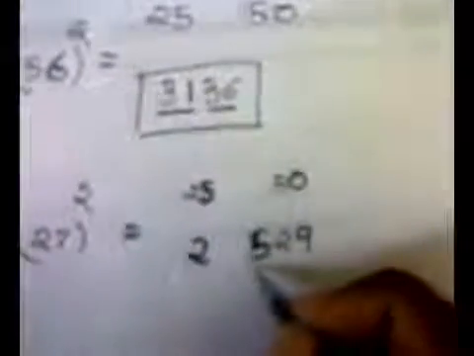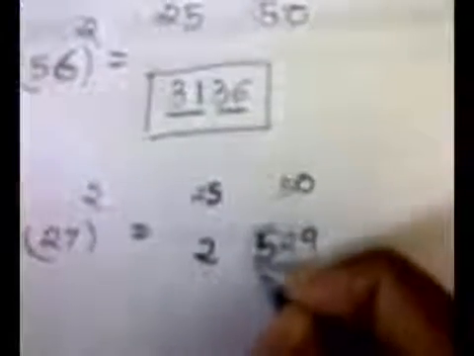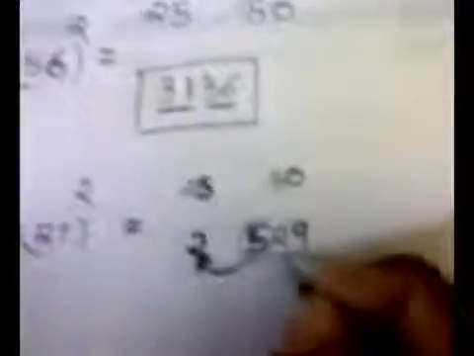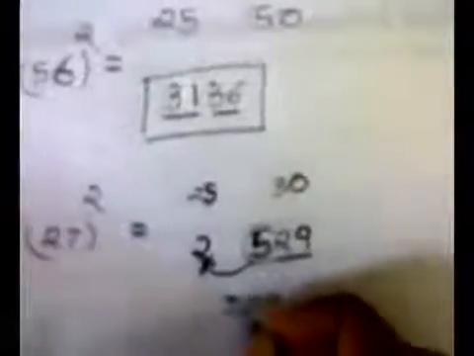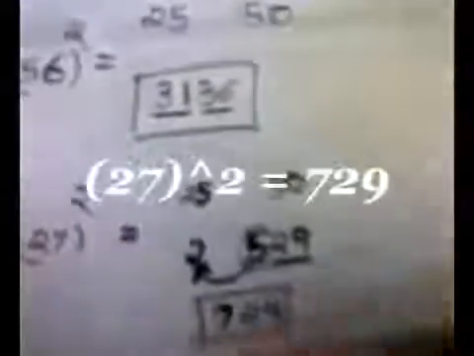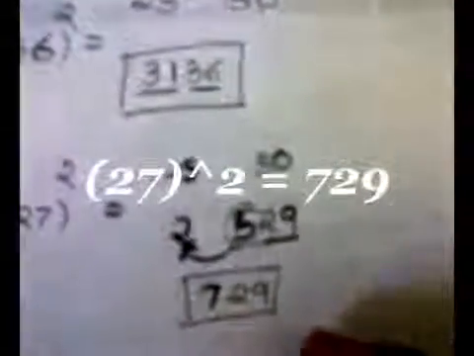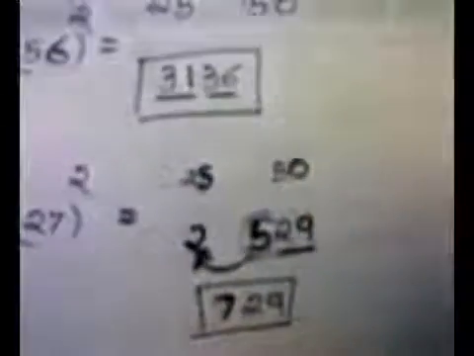Now remember here, when we get a 3-digit number in the second step, just add this extra carry to this number. So the 29 will remain the same, but by adding 5 to 2 it will become 7. Got it? So we'll get our answer 729. So 27 square is 729.